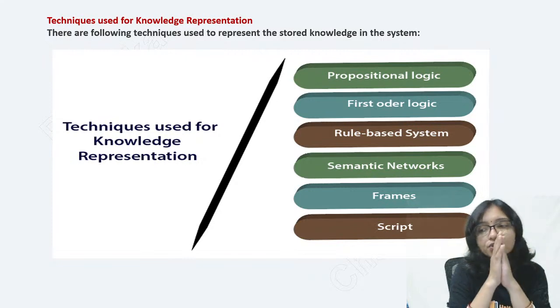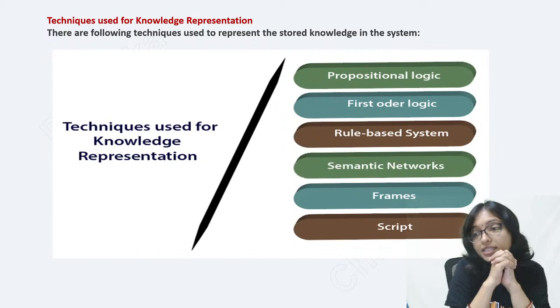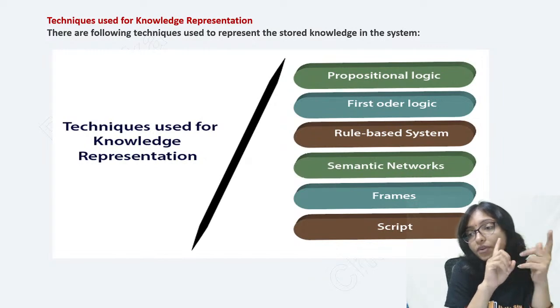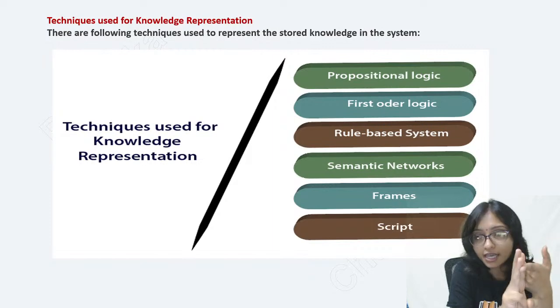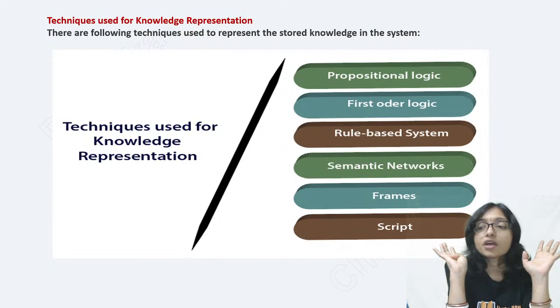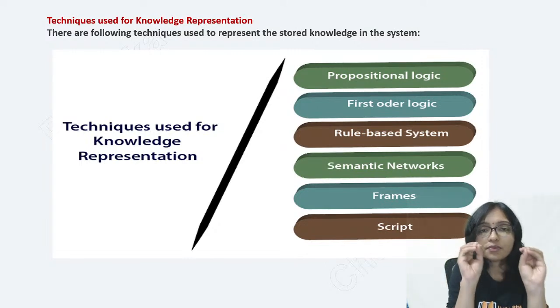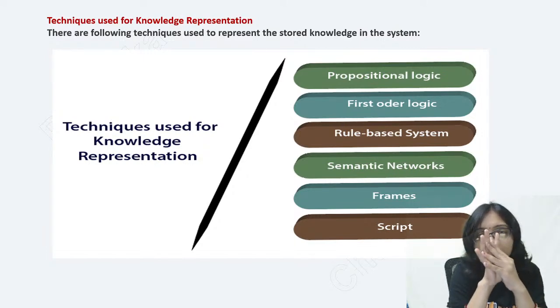Tell me what I told. Write down in the chat box what is the meaning of representational adequacy, inferential adequacy, inferential efficiency and acquisitional efficiency. Write down in the chat box, everyone. What is the meaning? What do you understand? What is the meaning of these 4 types I told you, right?